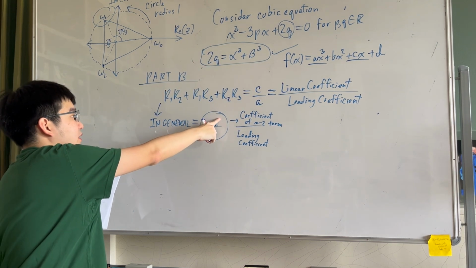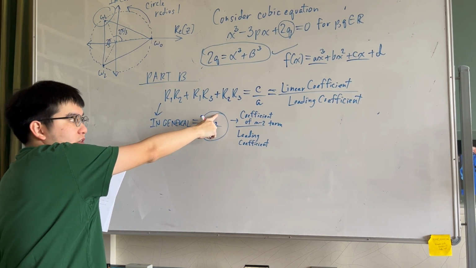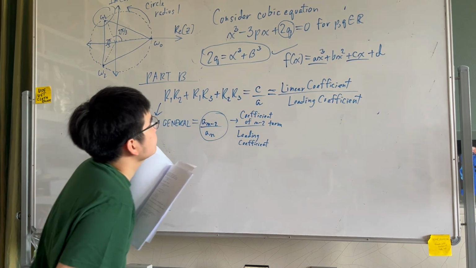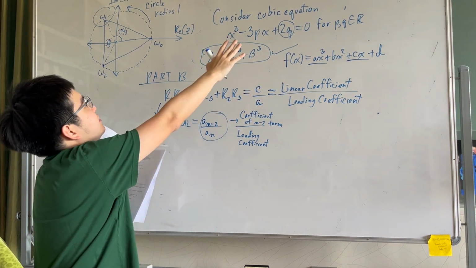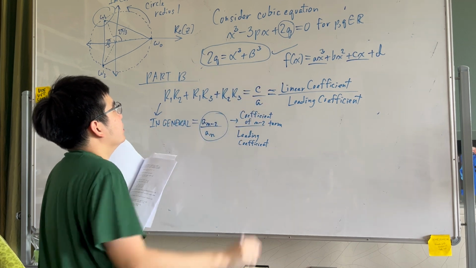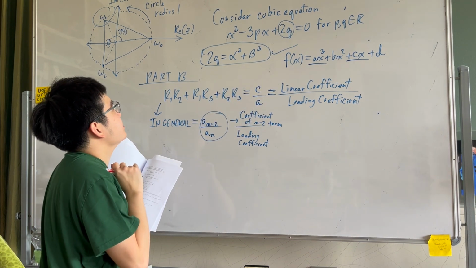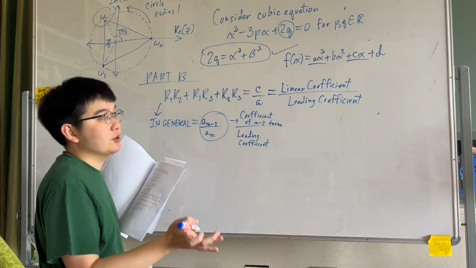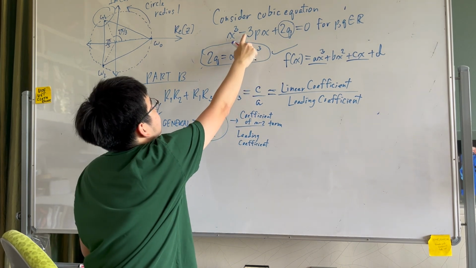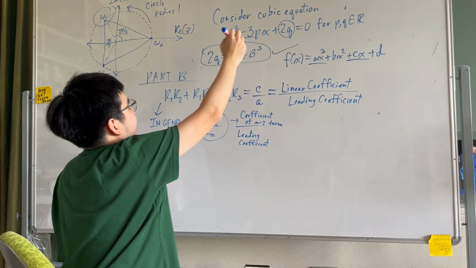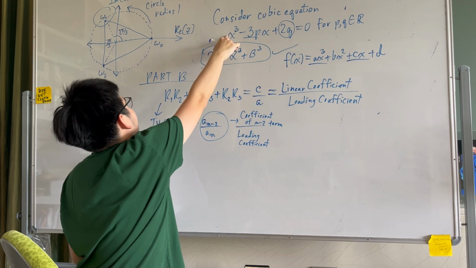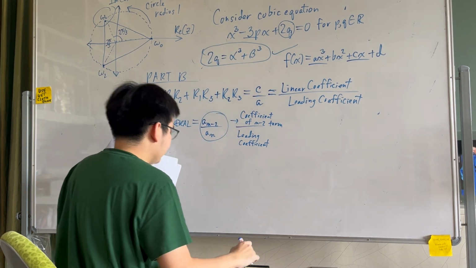You get the cubic term, find the coefficient and put it in there. But what is it in this context for this problem? Well, the C, because the quadratic term is gone for this depressed cubic, it's simply going to be minus 3p here. And the A is just 1 in front, so it's just minus 3p at the end of the day.